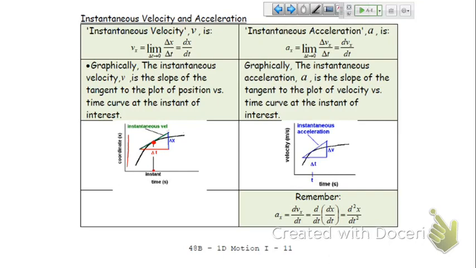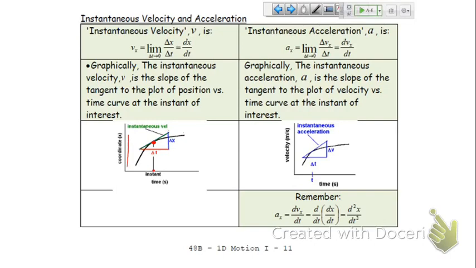And with tangents, an interesting point here: the way you get your speed, your velocity, is you take the change in position divided by the change in time. And that's a slope, agreed? Rise over run.